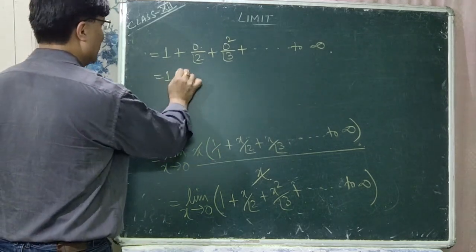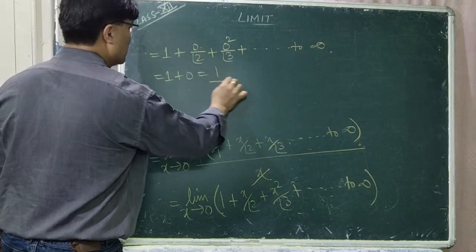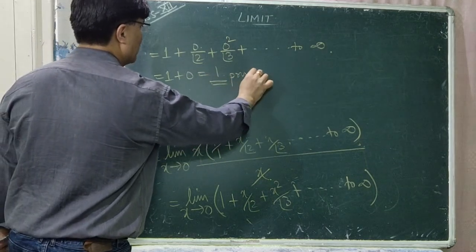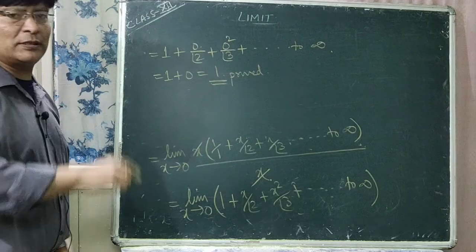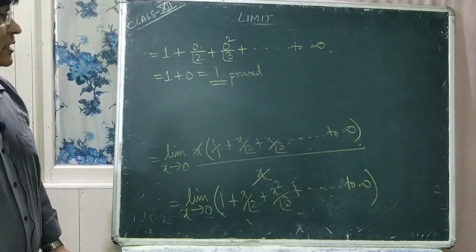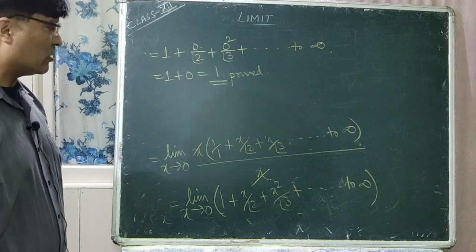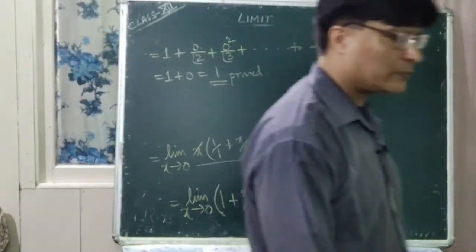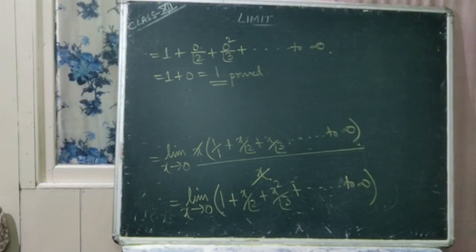So which is equal to 1 plus 0, which is equal to 1. Proved. So we have proved that standard limit number 6. Okay. So now, you can copy it. Now we will prove number 7, that is standard limit number 7. Okay.